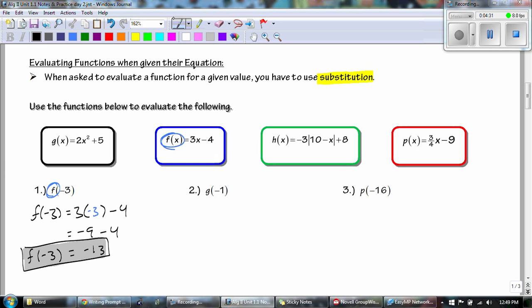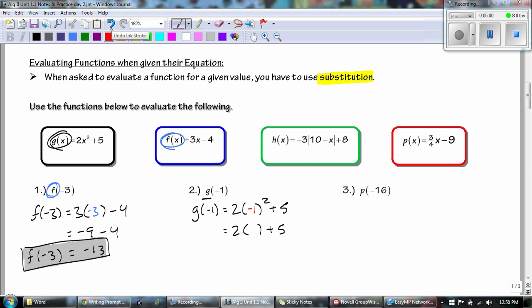All right, so g. We're using g, so make sure I find the g. G of negative 1 equals 2x squared plus 5. Okay, and we're plugging in negative 1. So when we're solving, remember we do exponents first.